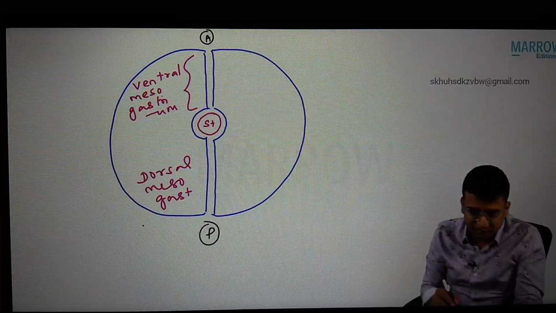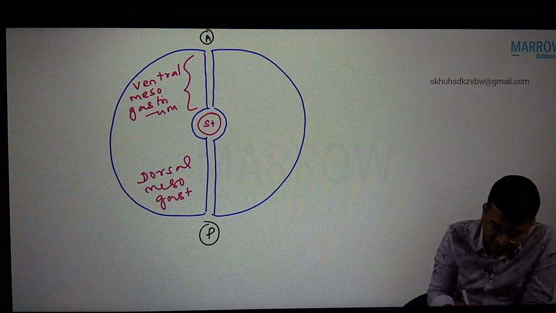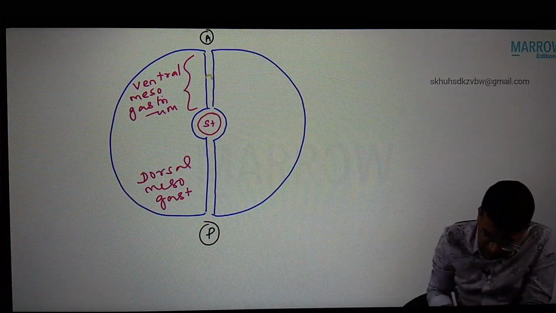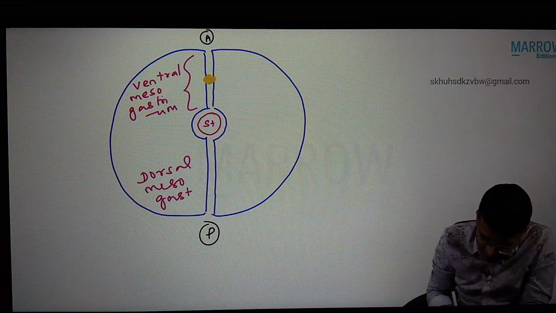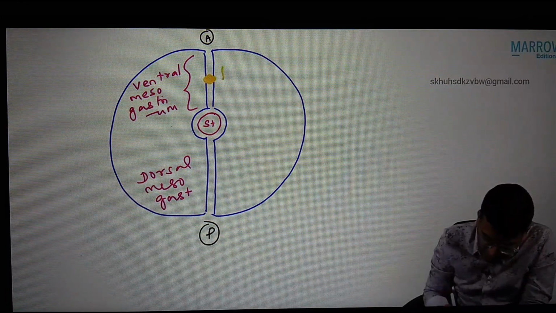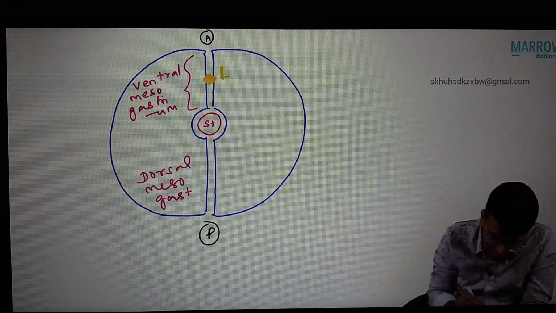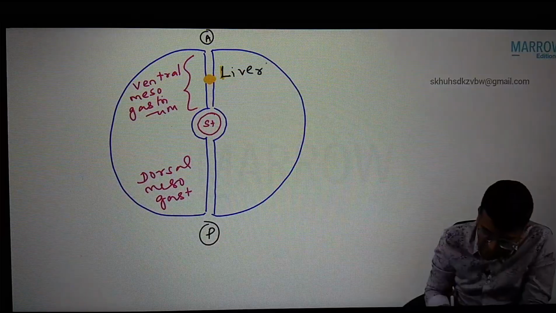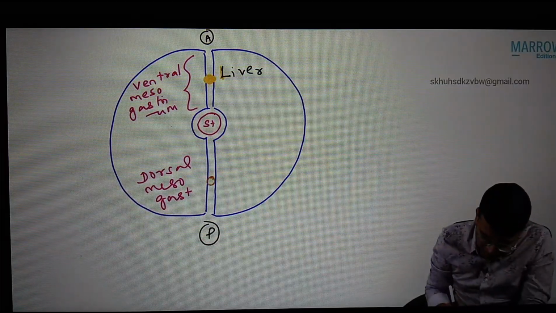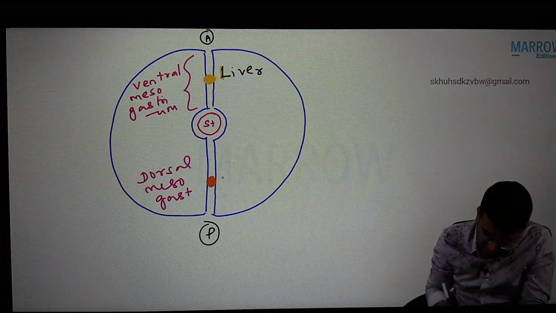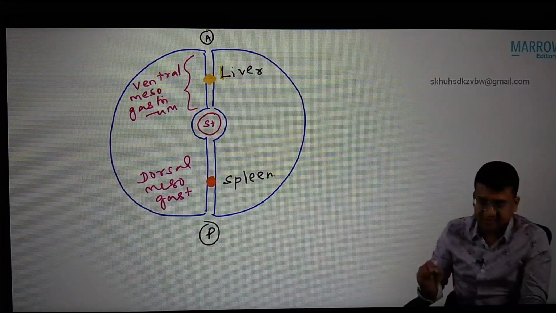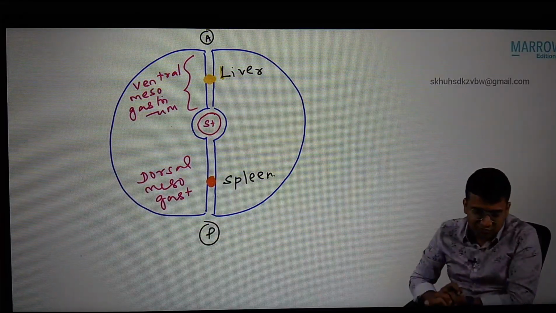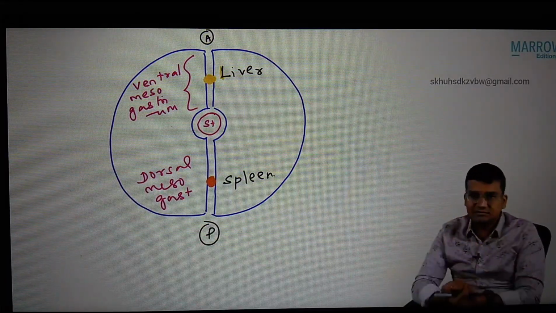I told you in the ventral mesogastrium an organ is formed. Which organ? Your liver. So the liver is formed in the ventral mesogastrium. Similarly, in the dorsal mesogastrium, the spleen is formed. Now I told you the stomach will rotate.